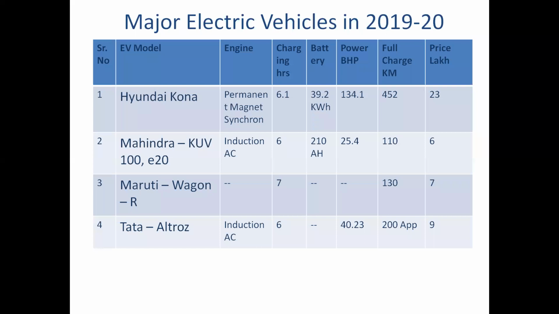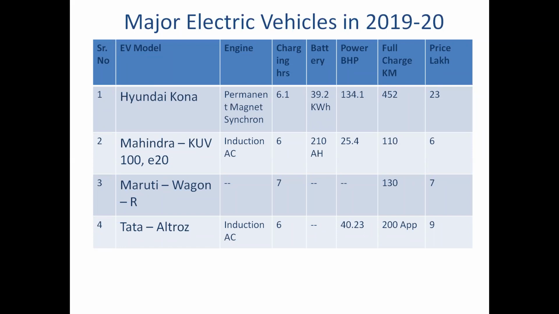As far as the engine, obviously there is an electrical motor: a permanent magnet synchronous motor or an induction AC motor. Generally, the induction AC motor is famous now. For full charging, 6 to 7 hours of charging is required for all of these. Different batteries are used, with almost a 39 kilowatt hour battery for the Kona.